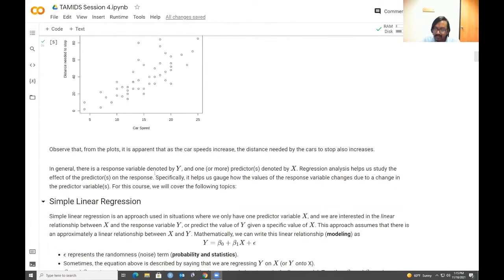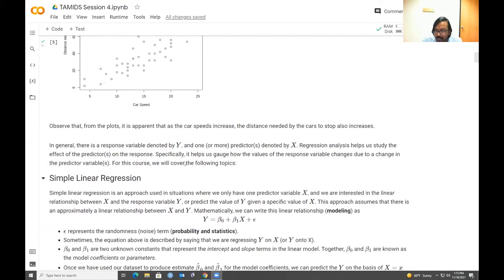So to summarize, there is a response variable, which is usually denoted by y, and there can be one or more predictors denoted by x. Through regression analysis, we want to study the effect of the predictors on the response. The first case is when there is only one predictor, and that case is called simple linear regression.